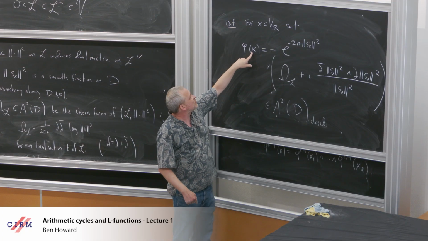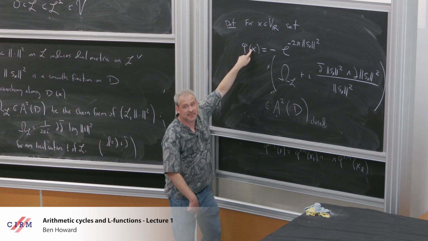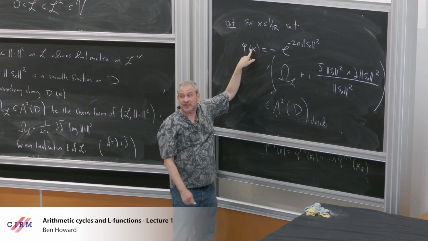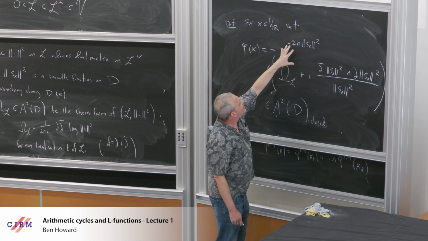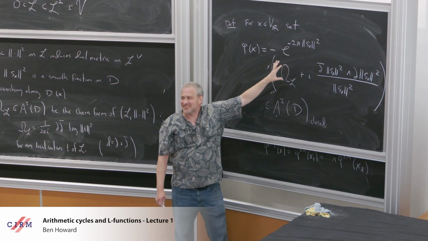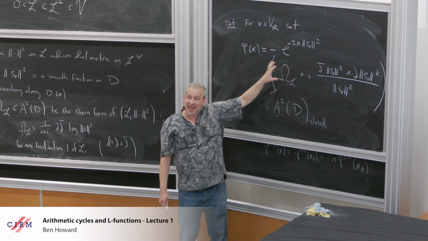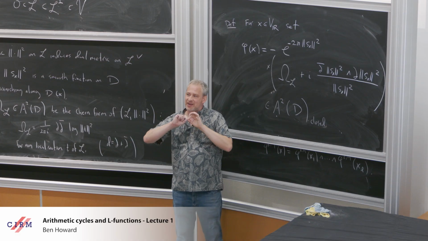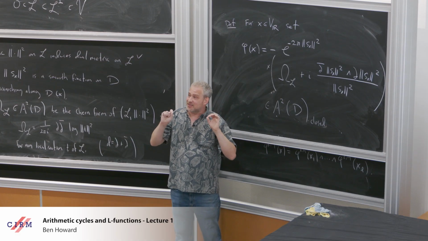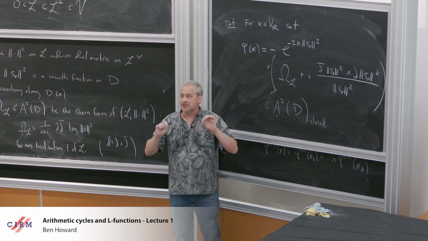What is it deforming to? Well, rescale x, but let the scaling parameter go all the way off to infinity. Well, okay, then that's more interesting. It's not entirely clear what happens. But what happens is that this form converges to the Dirac delta current associated to the vanishing locus of the section.